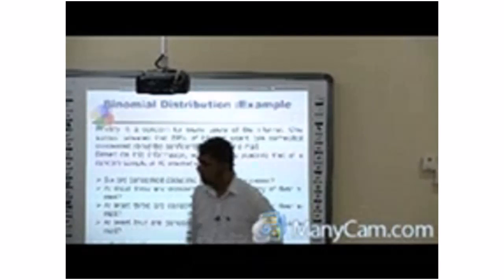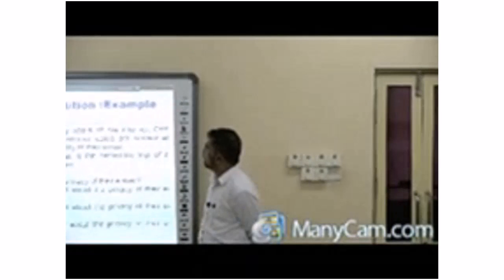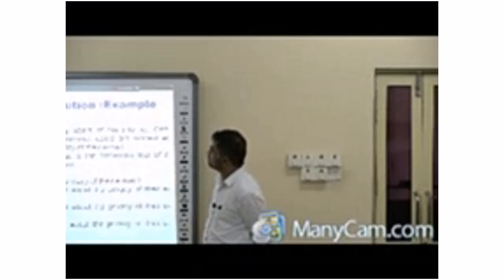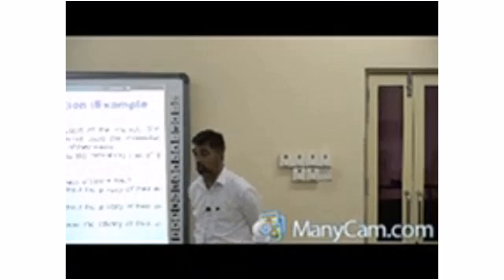Okay. Now to understand this binomial distribution, we can use this example. This is a very good example. Privacy is a concern for many users of the internet.